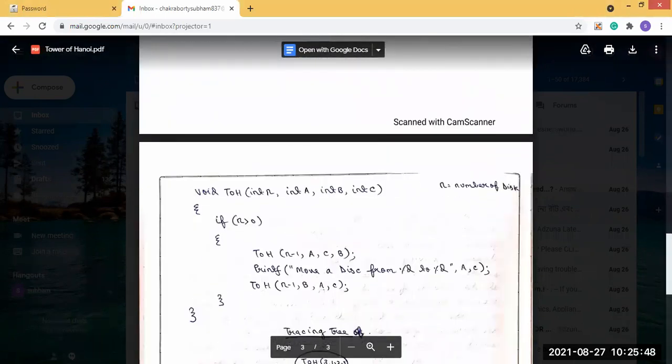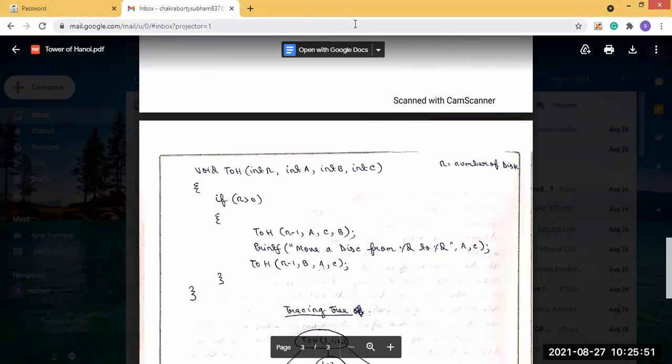So this is our algorithm. In this algorithm, this is the Tower of Hanoi problem, and in the first step we are moving n minus 1 disks from A to B using C. The next step, move a disk from A to C. And in the third step, we are again moving n minus 1 disks from B to C using A. The same steps are written here.